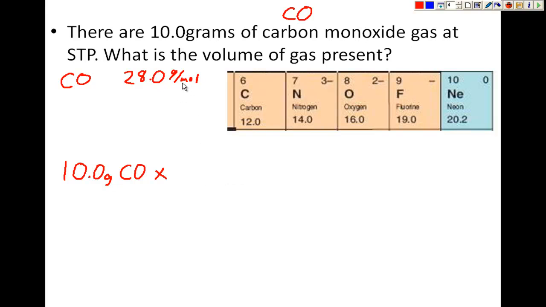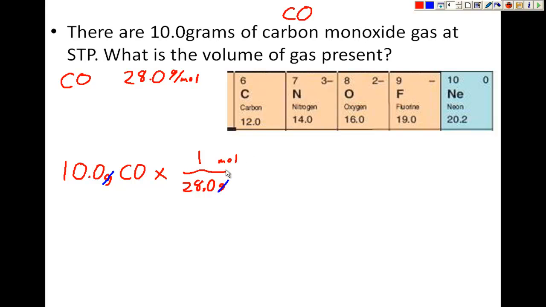I want to have moles on top, so I want grams to go away, so I'm going to put grams on the bottom and moles on top, and therefore 1 mole is equivalent to 28.0 grams. So my grams is going to cancel out.